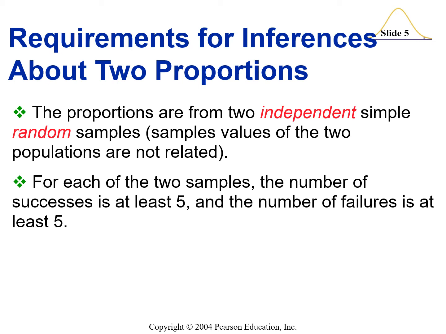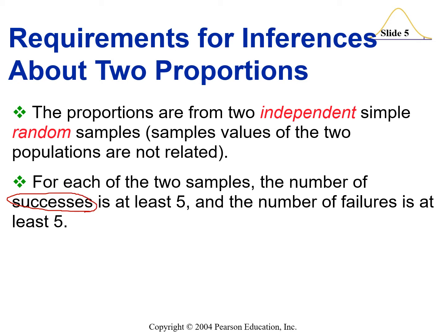We have totally separated populations, and from each we pick a simple random sample. This is the first requirement. The second one is that for each of the two samples, the number of successes is at least 5 and the number of failures is at least 5. And we have seen before the concept of successes.